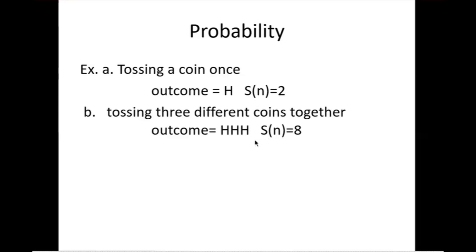At kapag kinuha naman natin yung total sample space, kasi sa first coin ay meron tayong 2, then another coin ay 2, another coin ay 2. So pag kinuha natin yung product, 2 times 2 times 2, meron tayong 8. So therefore, the sample space is 8.